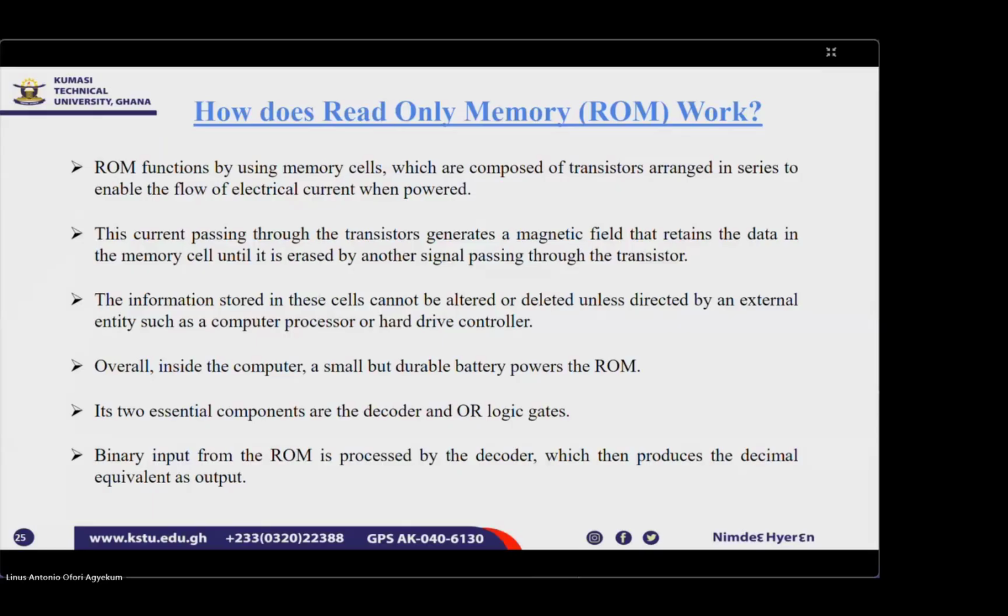Now, how does the read-only memory work? Here, it is also composed of transistors that are arranged in series. And in this case, it allows current to flow when powered.